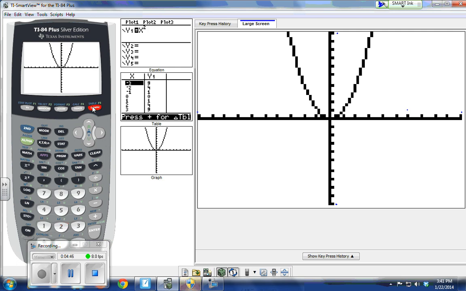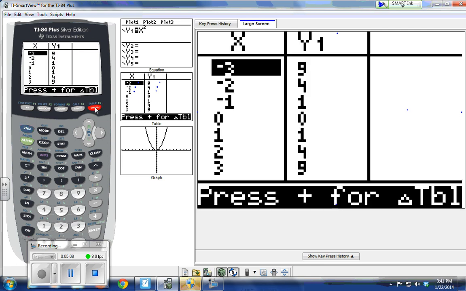And notice here that we have x is 3, y is 9, x is -2, y is 4, x is -1, y is 1. To get this on your calculator, you push the second function and graph, and that gives you the table, the table of values, which is what we were working on earlier.